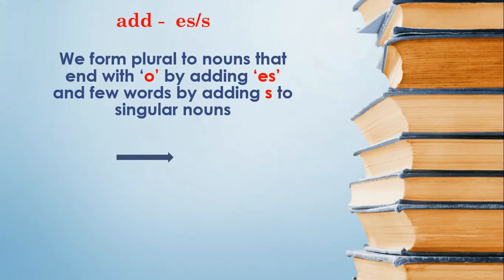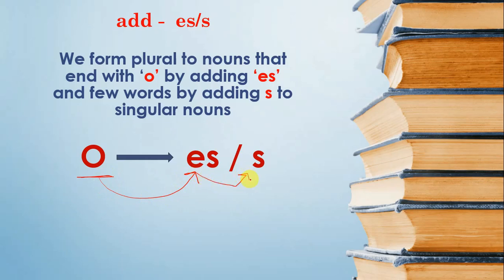We form plural to nouns that end with o by adding es, and a few words by adding s to the singular noun. So, if we have an ending o, we will add es usually and sometimes s.